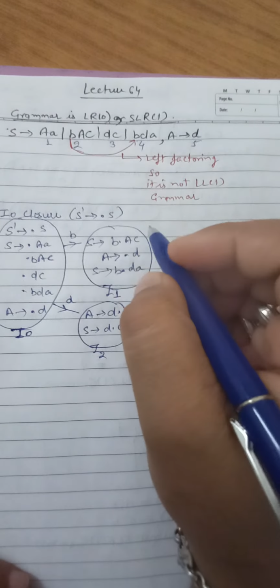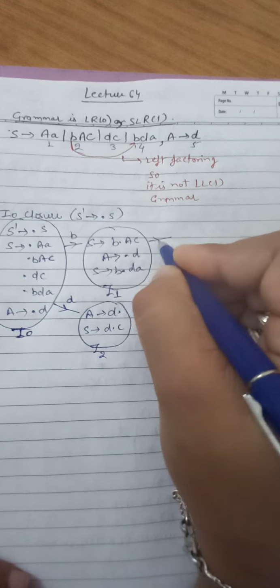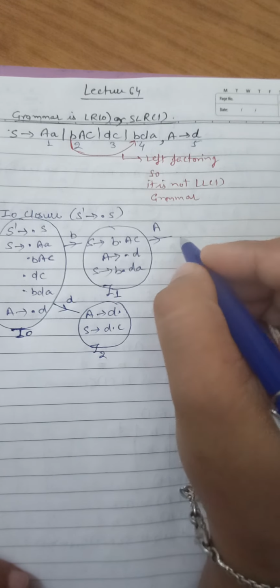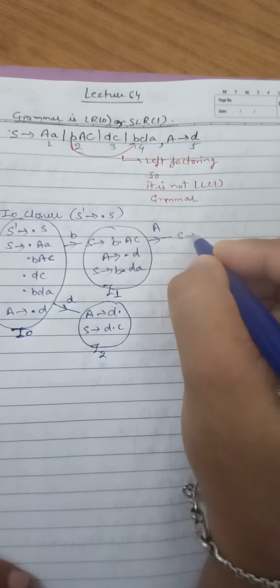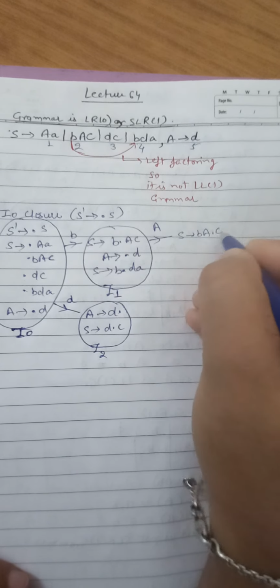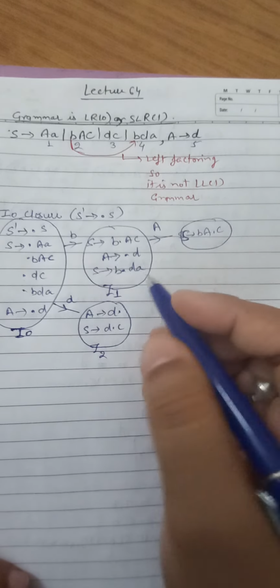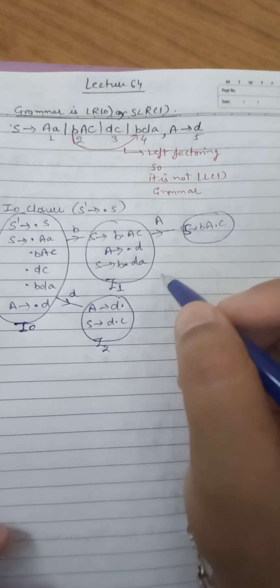And now for A, next A is there, so S tends to B A dot C. There is no conflict in it, so leave it. This is completed.